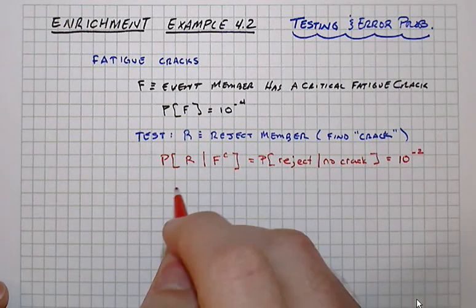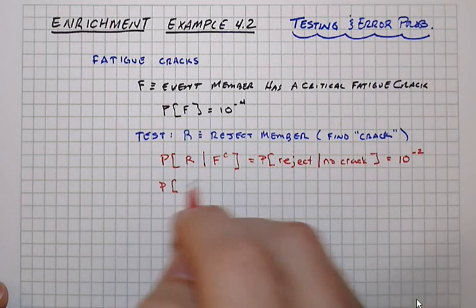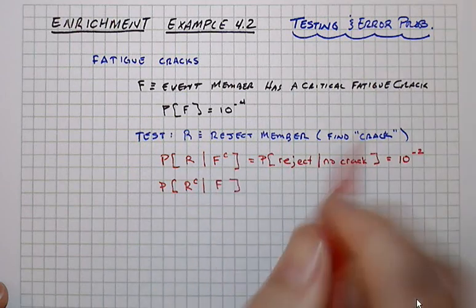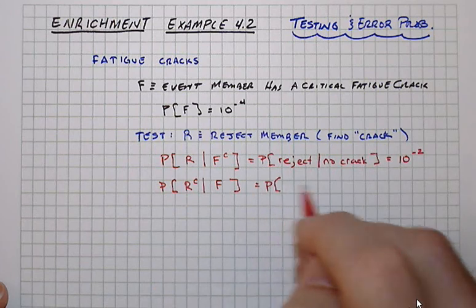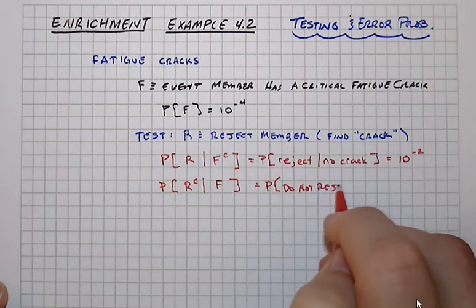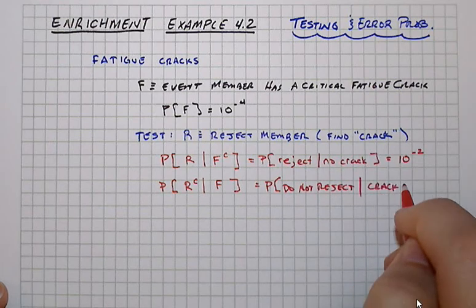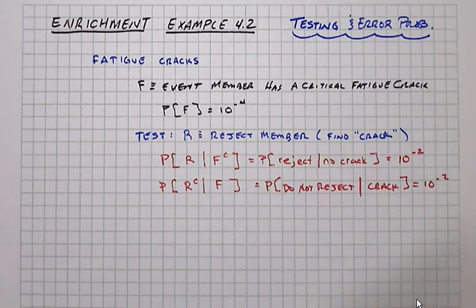Reject, but we don't actually have a crack. We think we have a problem, but we don't. Or the other, that we don't reject, but we do have a crack, will also be pretty small, only 1%. That would seem like a test that would be pretty good, right?